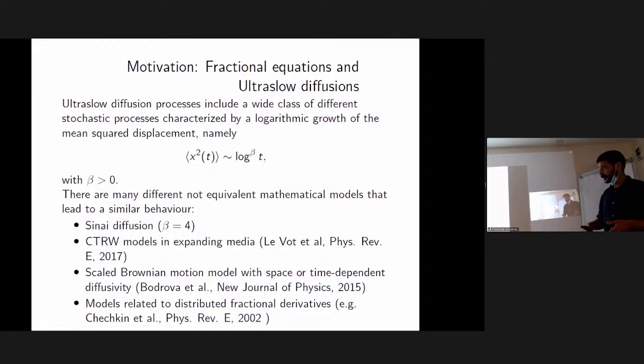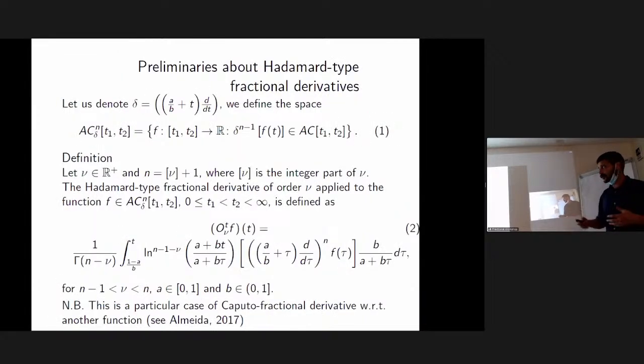Other models are continuous time random walks in expanding media, and there are recent papers about them. Scaled Brownian motion, where we have space or time dependent diffusivity coefficients. And also in the literature, we have interesting models with the connection between continuous time random walks and distributed fractional derivatives. This is the motivation of our study.